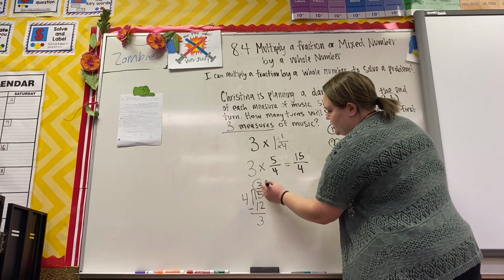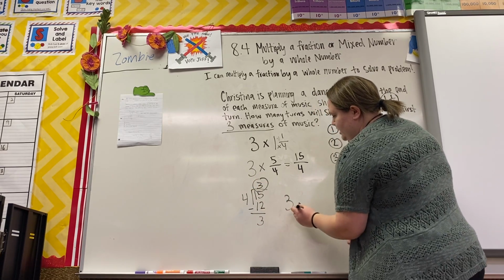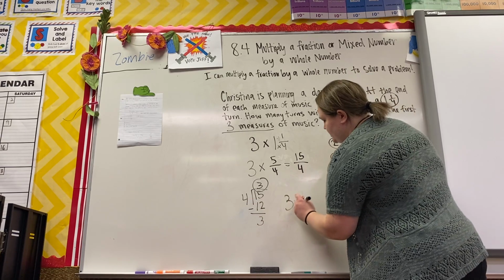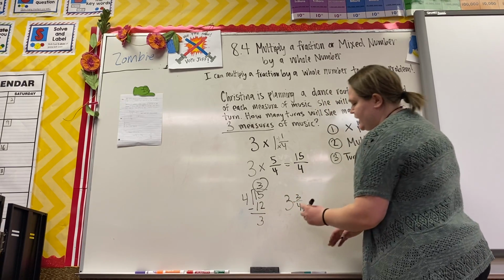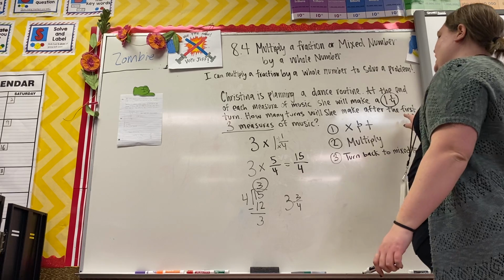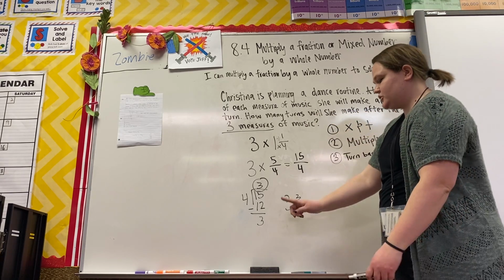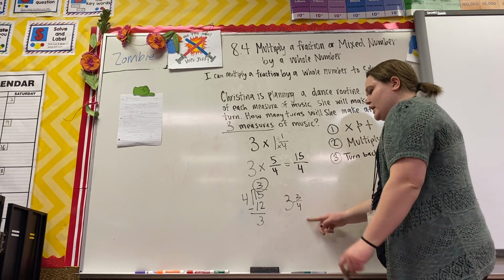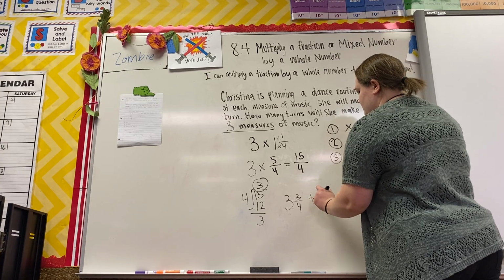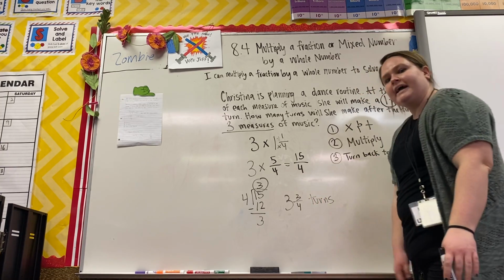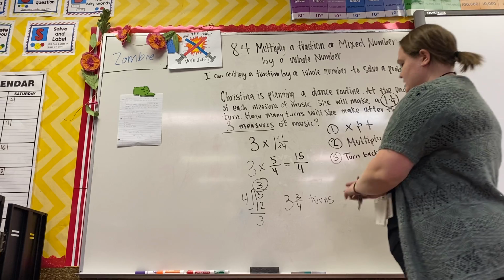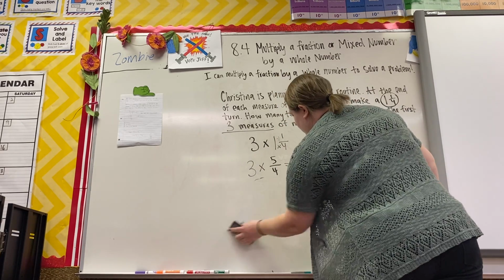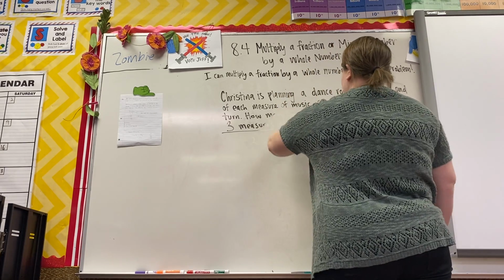And so I have 3 and 3/4. Okay, so after the first 3 measures of music, she will have done 3 3/4 turns. All right, so I'm going to keep these steps up here, but let's try some examples.